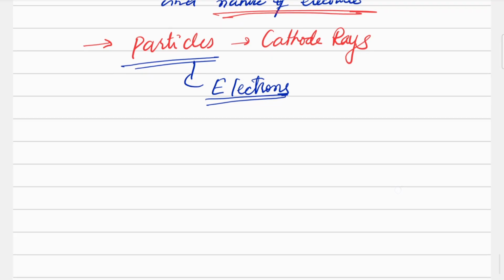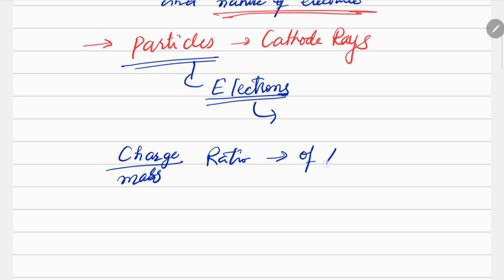One more thing you have to remember, when he performed this cathode ray experiment, he also got to know about the charge to mass ratio. He got to know about this ratio for electrons, these subatomic particles. What was it? This charge to mass ratio was the e upon m ratio.